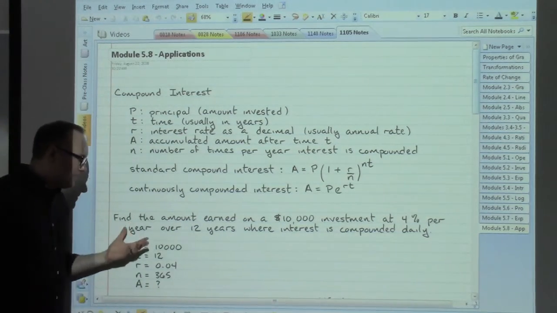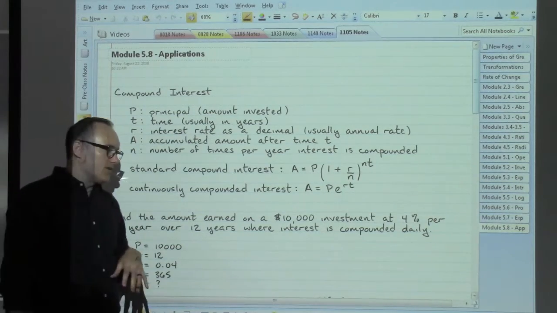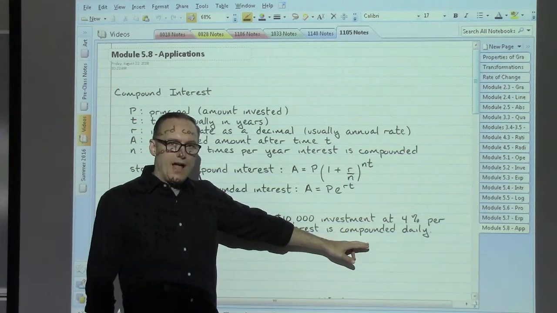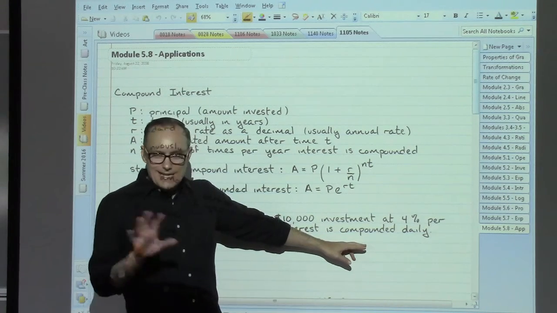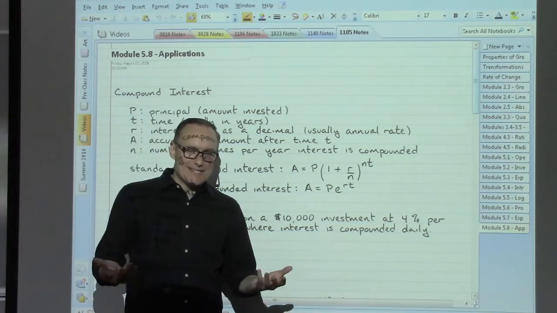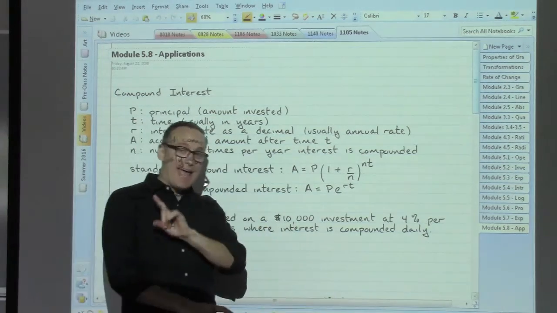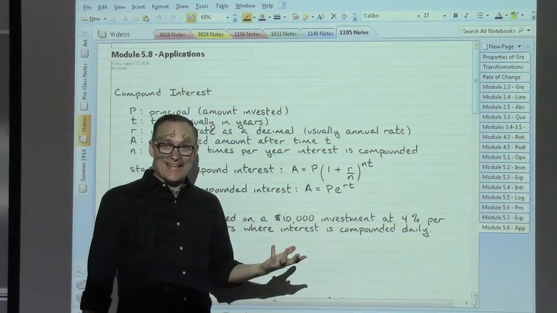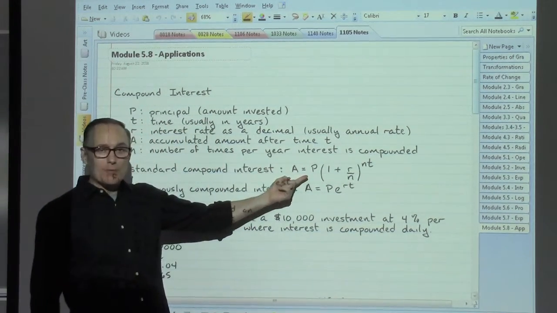The first example that we've got is a standard compound interest, because when we find mention of how that interest is compounded, it doesn't say continuously. That's the key thing. Continuously versus anything else. Anything else than compounded continuously means that we use that standard compound interest formula.